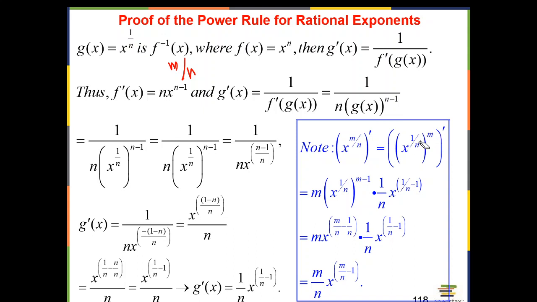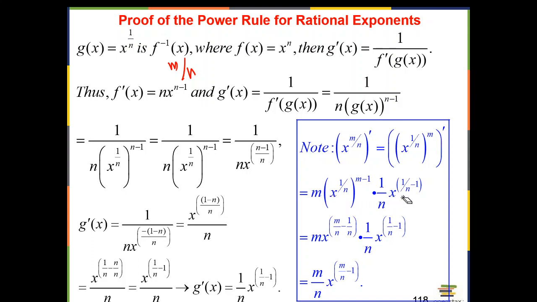So by chain rule, derivative of something to the mth power is m times something to m minus 1, times the derivative of the inside. What's the derivative of that? We just proved the derivative of that is here. So we're going to put that there.